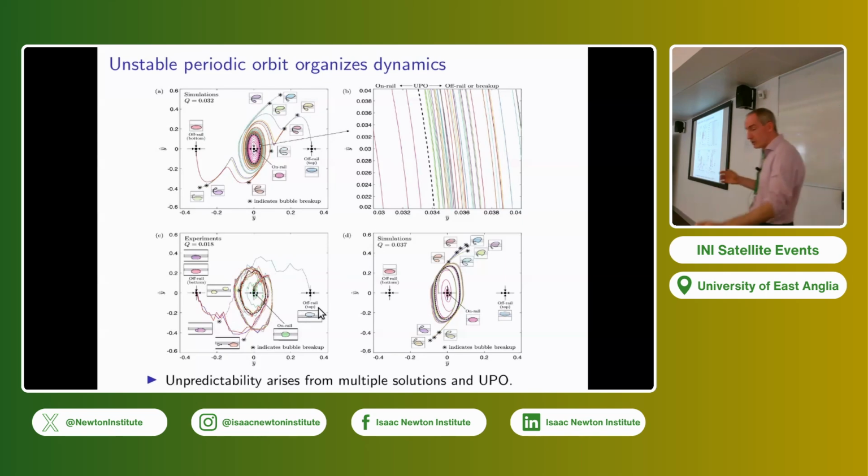And so the reason why we believe there's unpredictability in this region is you've got multiple solutions. There have to be multiple solutions, otherwise it's not unpredictable. And then you've got this unstable periodic orbit that means if you perturb the system so it's near it, it whirls round and round and then flies off in some direction that is sensitively dependent on those initial conditions.